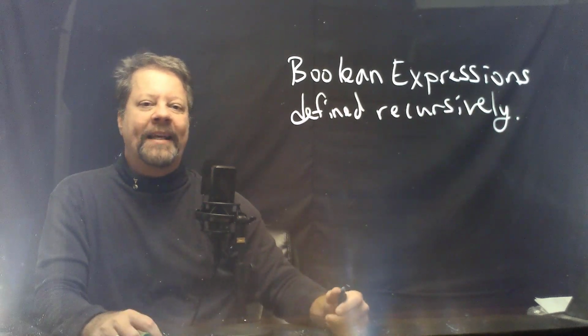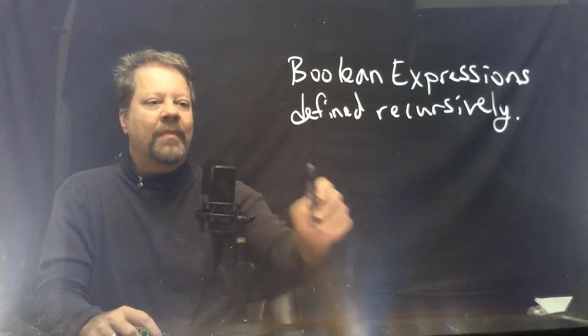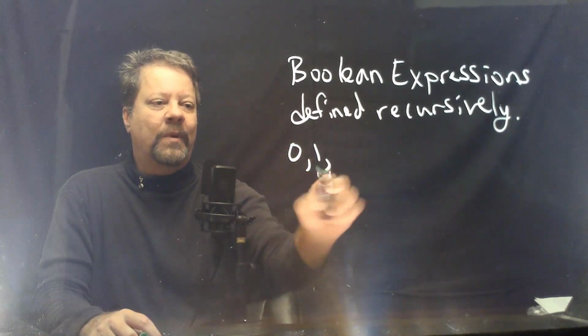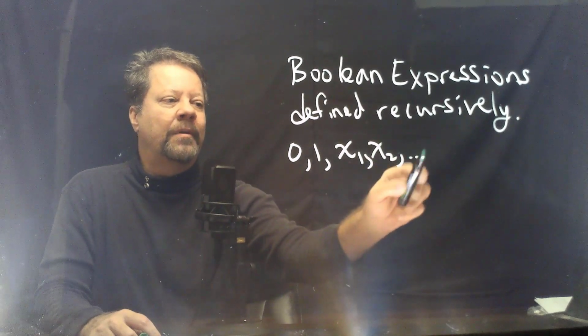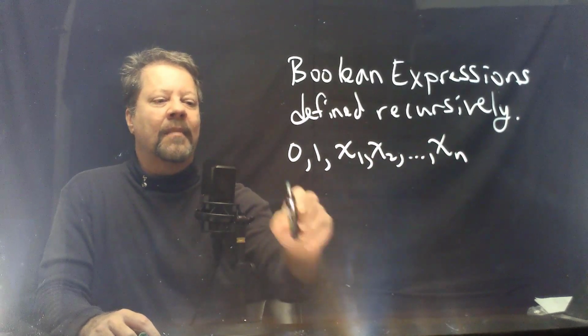Next, we're going to look at Boolean expressions defined recursively. Of course, we always start off with 0 and 1. We can have Boolean variables x1, x2, xn.